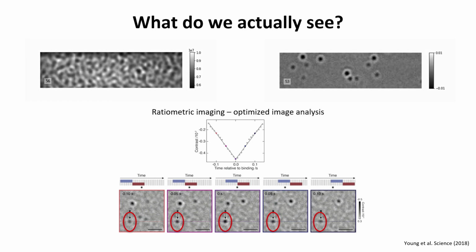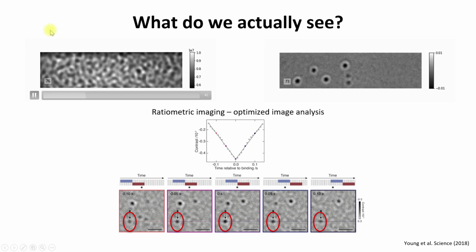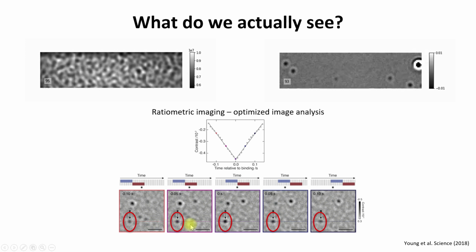And here is an example of a particle whose contrast is increasing and then decreasing. The maximum signal is the iSCAT contrast, which is proportional to mass. And this is exactly what we fit. It's important to understand that when the particle disappears, it doesn't mean that it's unbinding. It's basically becoming part of the background, and therefore it's removed.